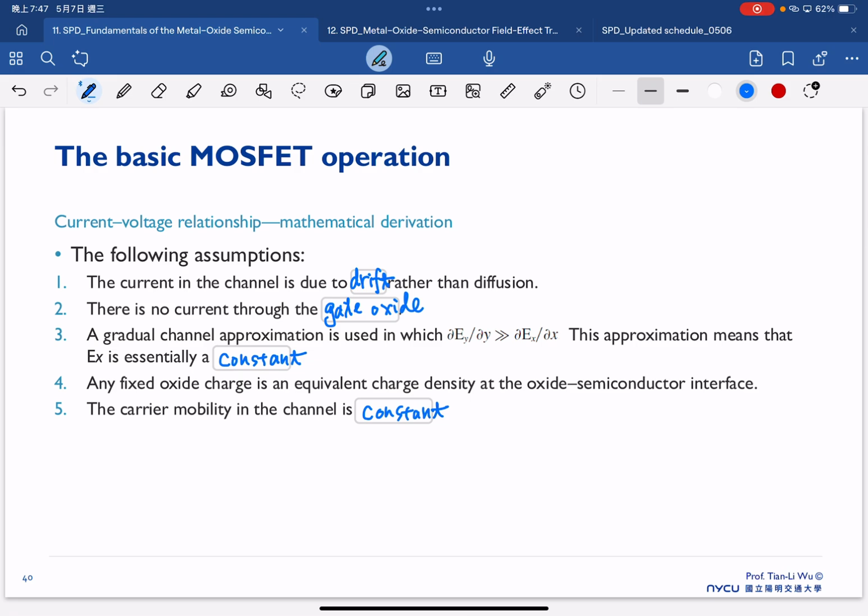So now we are going to derive this current equation step by step.